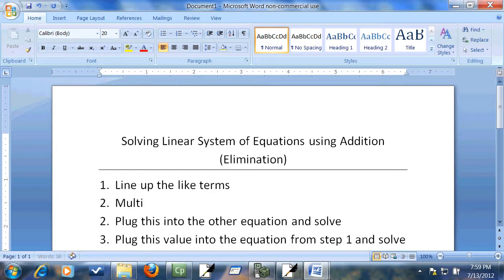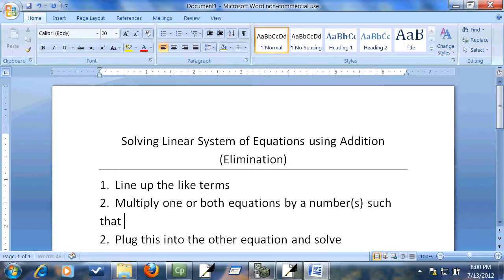Step 2, multiply one or both equations by a number, I'll put an S here because it could be two numbers, such that either the x's or y's are additive inverses of each other.